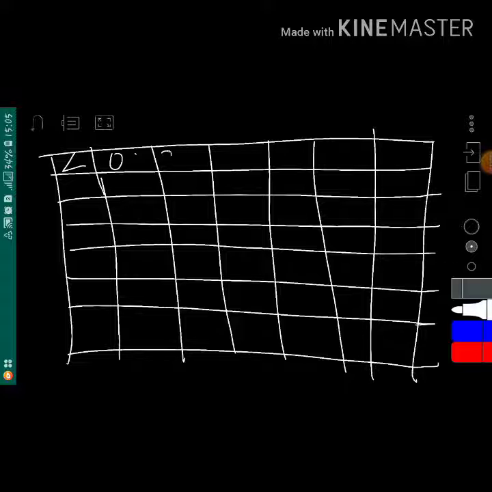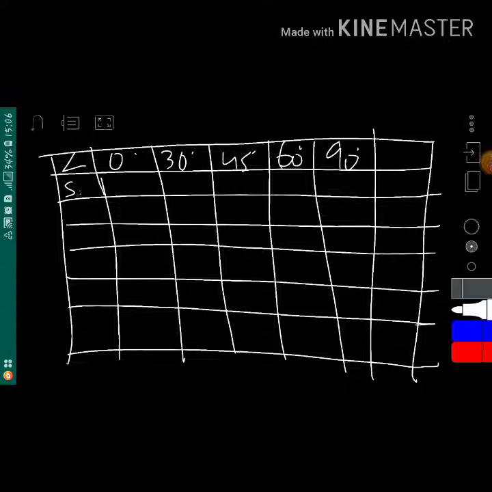0 degree, 30 degree, 45 degree. I hope you have already done this in your notebook, which is ready. And I'm filling the table now. Oh, there is an extra space. 1, 2, 3, 4, 5 only I have done, I guess.